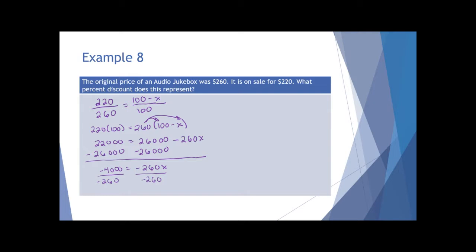Okay, so this gives me a decimal, lots of decimals. Let's say we use two decimal places. So I got 15.384, so that's going to be 15.38%. So this was a 15.38% discount. That's how much you're saving.